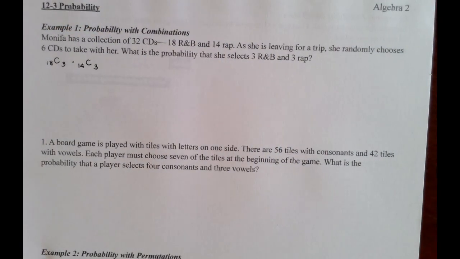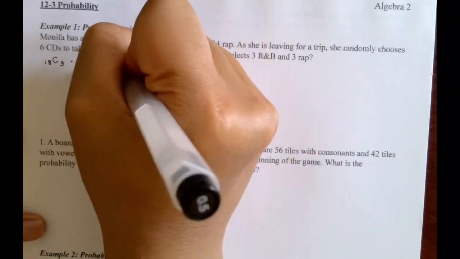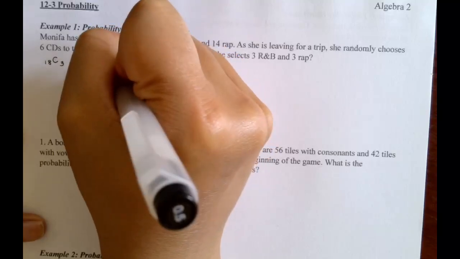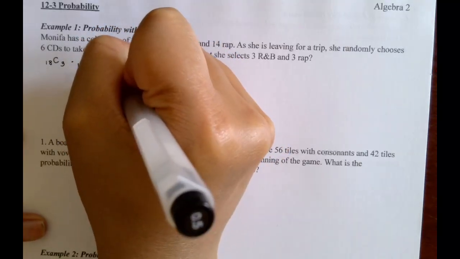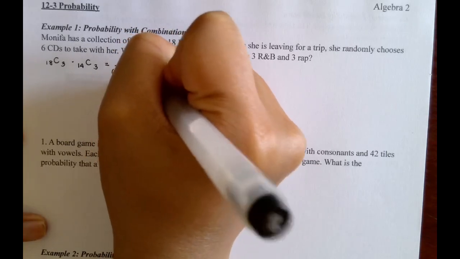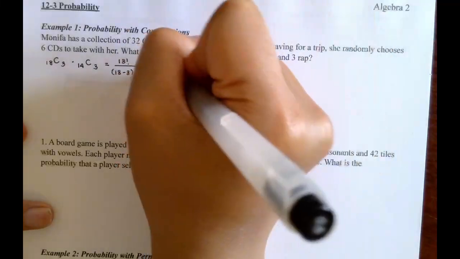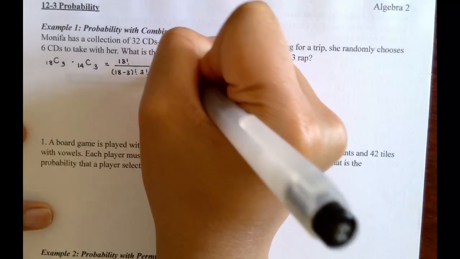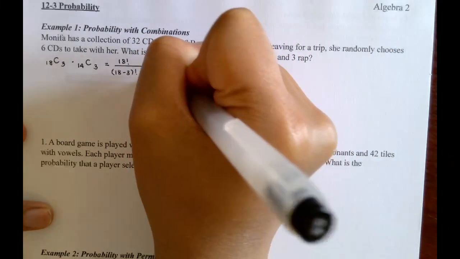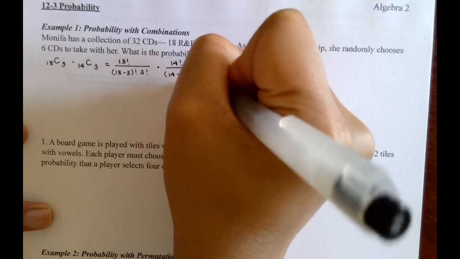There you go. Okay, so then we're going to put that over, simplify this. So this becomes 18 factorial over 18 minus 3 factorial over 3 factorial. And then for the rap, it's 14 factorial over 14 minus 3 factorial over 3 factorial.